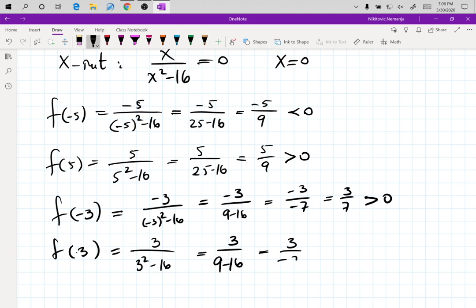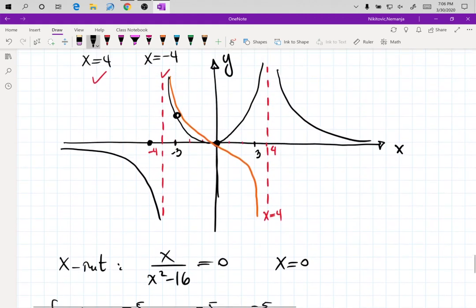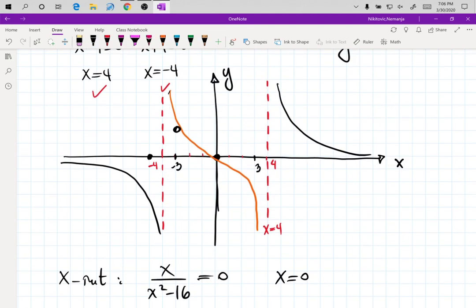That's 3 over negative 7, which is less than 0, because it's a negative fraction, which means I have to delete the positive one, so I'm deleting the black, and there it is. So that's the middle shape. I had all 4 shapes there, the upper U, the lower U, and both of these, and by process of elimination, we came up with a shape in the middle.